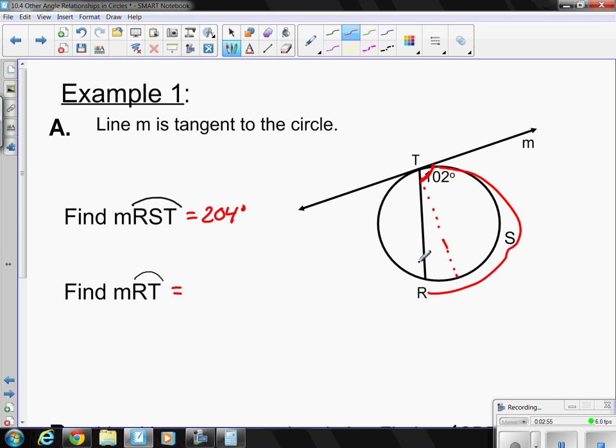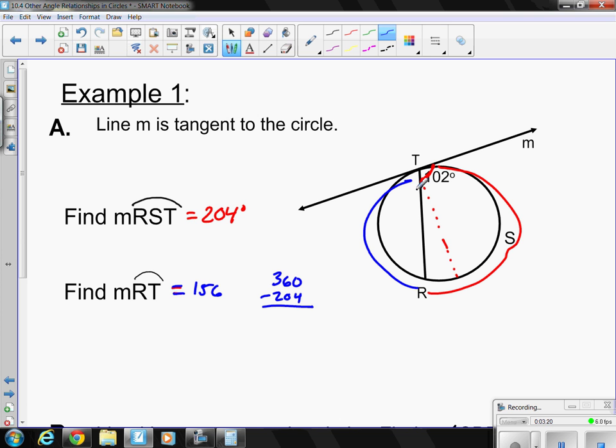The measure of arc RT. Now there's two ways to do this. You could either do 360 minus 204, and you would get 156, or you could figure out what this angle is and double it.